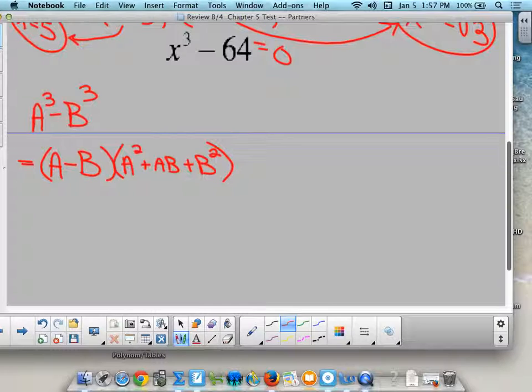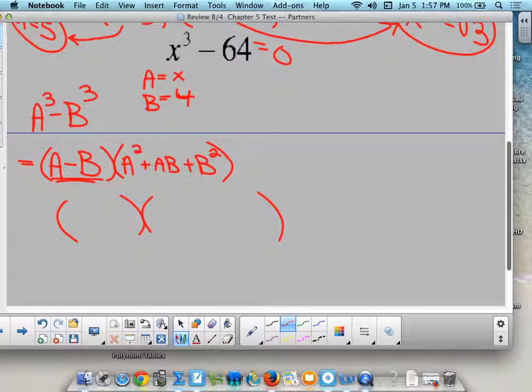What if it's x cubed minus 64? Now you have to know what's your A and what's your B. A is the cube root of this, B is the cube root of this. So what's the cube root of x cubed? x. 64? 4. So now you just plop the numbers in and you're done. Here we go. What's this going to be?